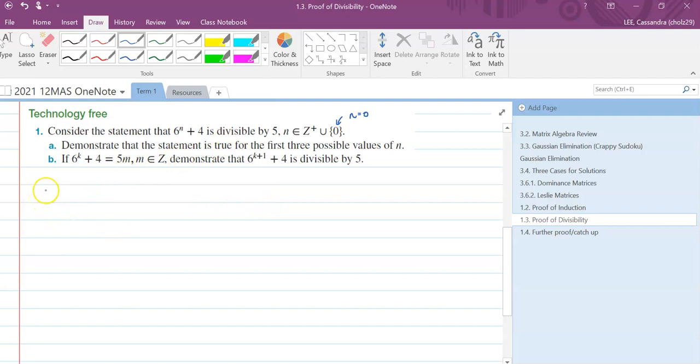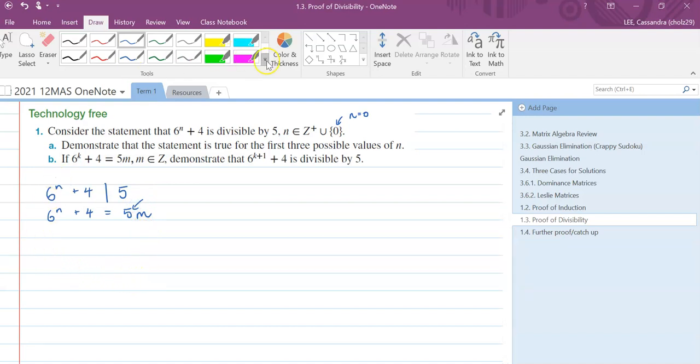We've got 2 different ways of doing this, remember? We can write this as 6 to the power of n plus 4 is divisible by 5. So 6 to the power of n plus 4 is equal to 5 times some multiple m. And again, I'm not really specifically interested in what the value of m is. I'm only interested that I can factorize this 5 out of it.